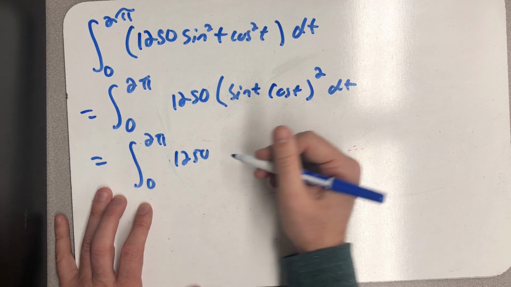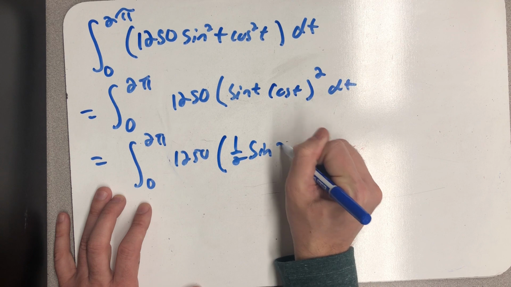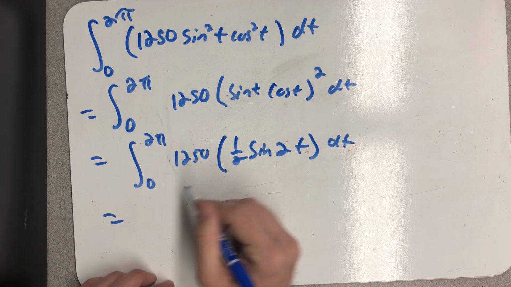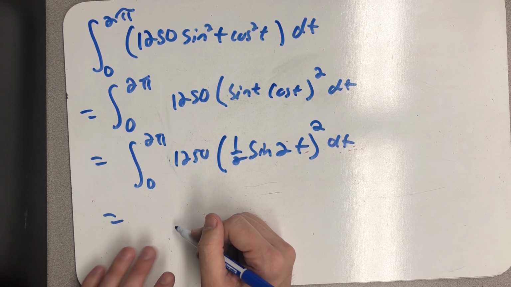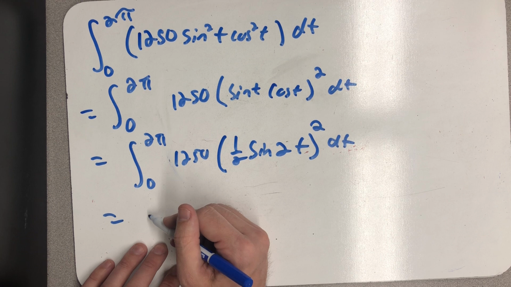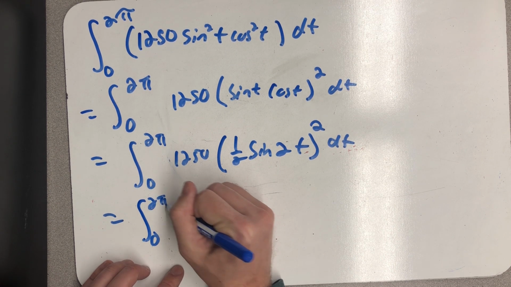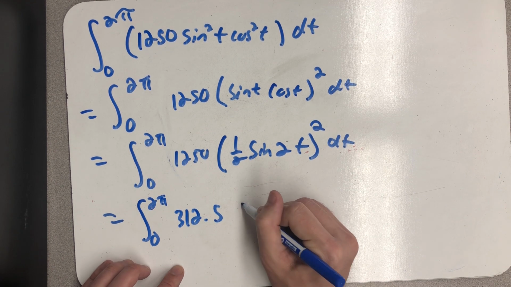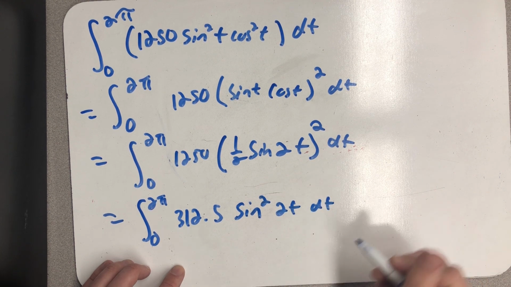I'm thinking about a double angle formula for sine, so that'd be 1/2 of sine of 2t, squared. So that's a quarter, so I have 1250 over 4, so 625 divided by 2, 312.5 sine squared of 2t dt.